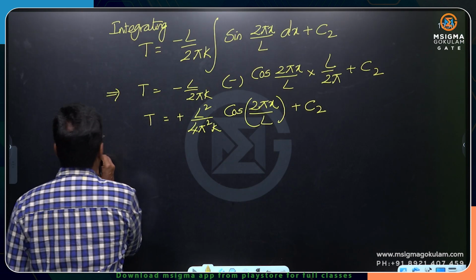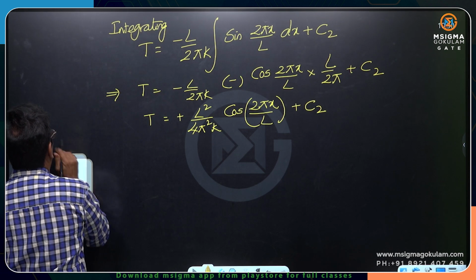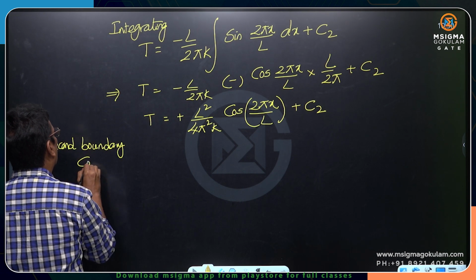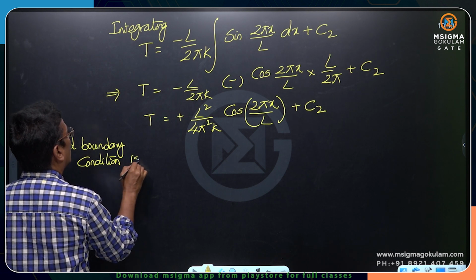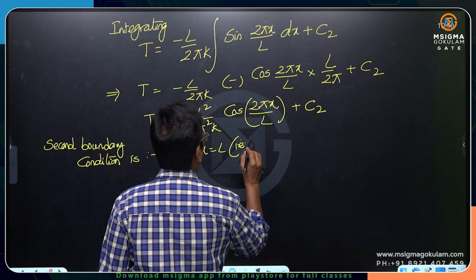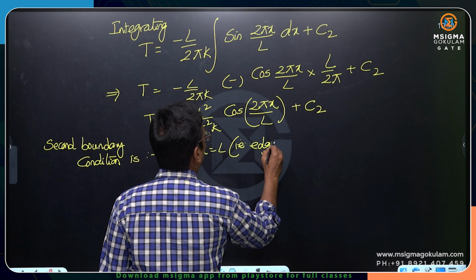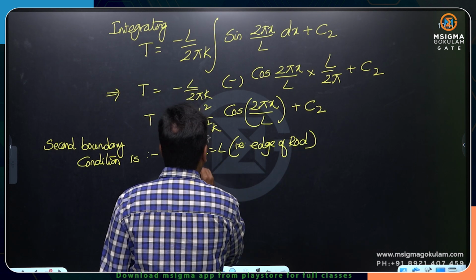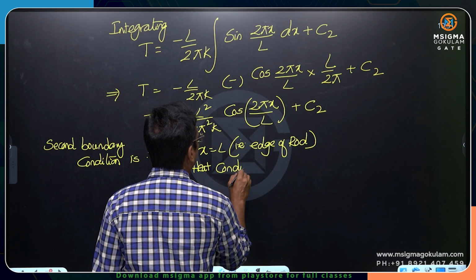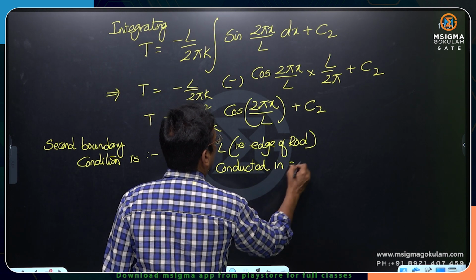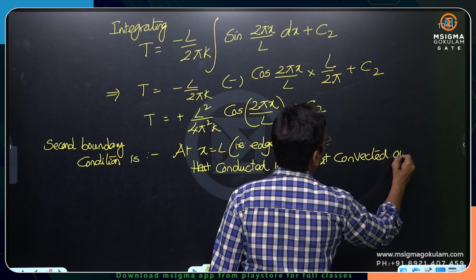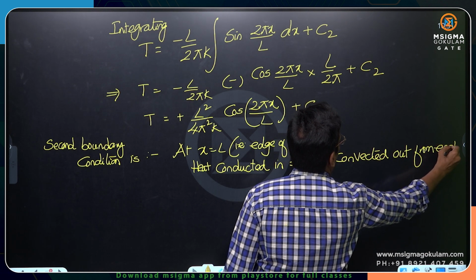The second boundary condition is at x is equal to L, that is the end edge of the rod: heat conducted in should be equal to heat convected out from the end to the fluid, to the air.